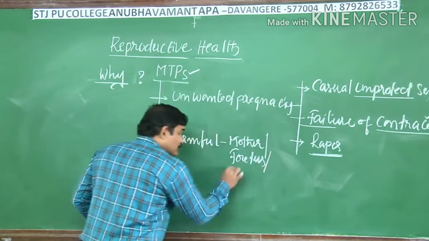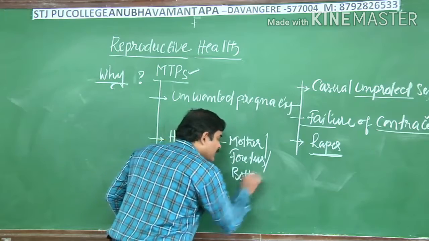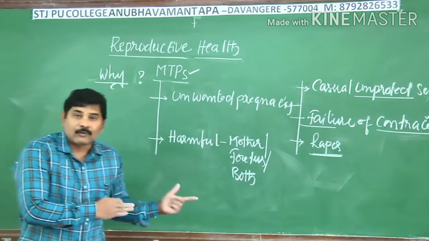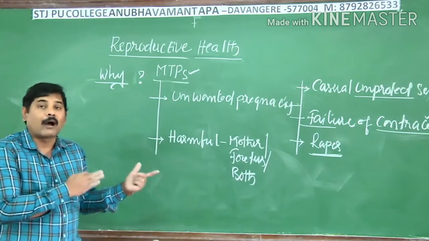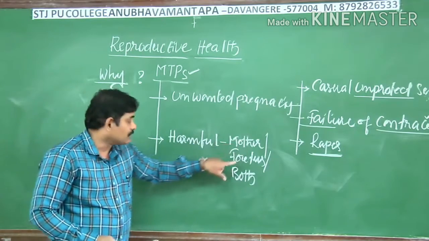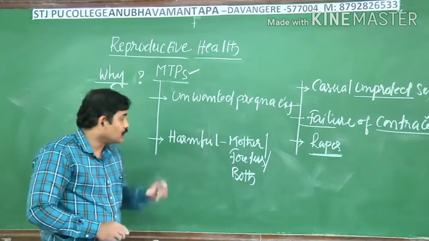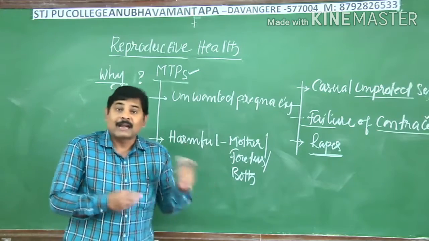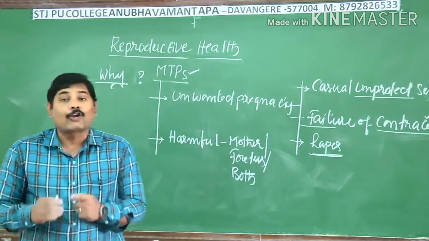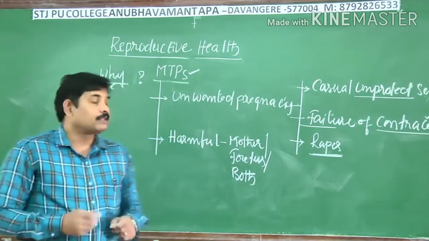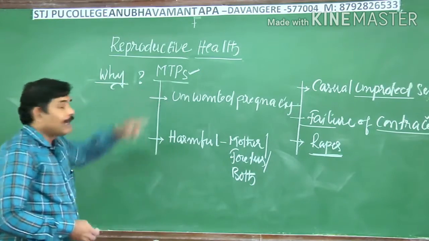In some cases, both of them will be affected. So continuation of the pregnancy leads to harm to the mother in some cases, or the growing fetus in the mother's womb in some cases, and in some cases both will be greatly affected, and sometimes it leads to fetal death also. In such cases, we need to go with these MTPs.